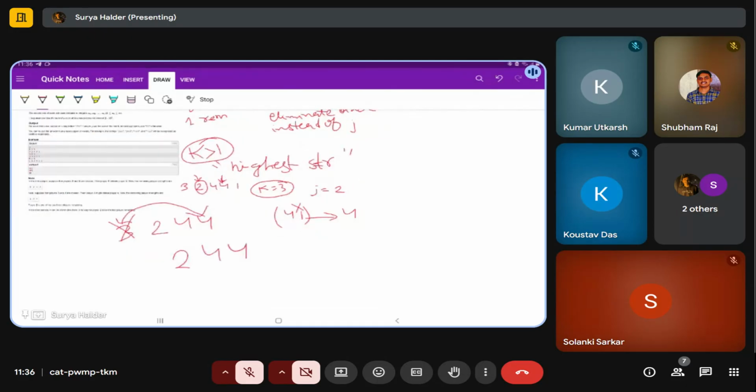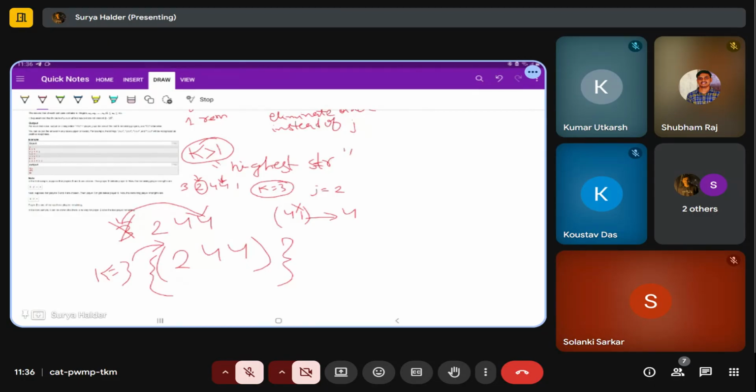So 2, 4, 4. See, k is equal to 3 and I have 3 players remaining. So with the help of my high strength player, I will eliminate other elements such that among the remaining elements, player j is included.